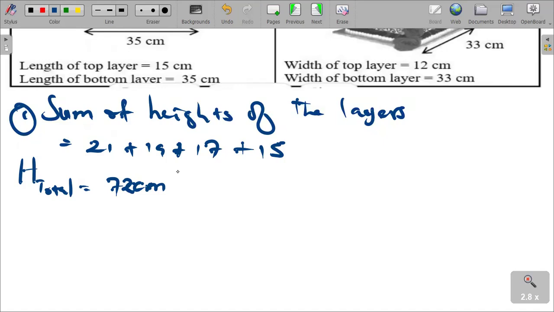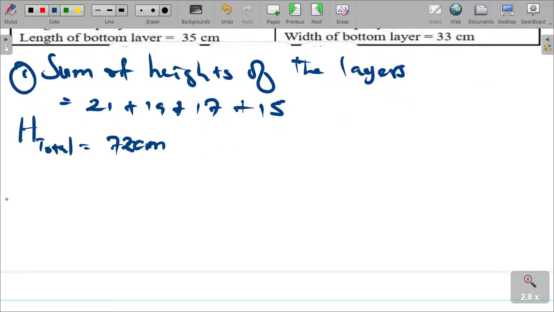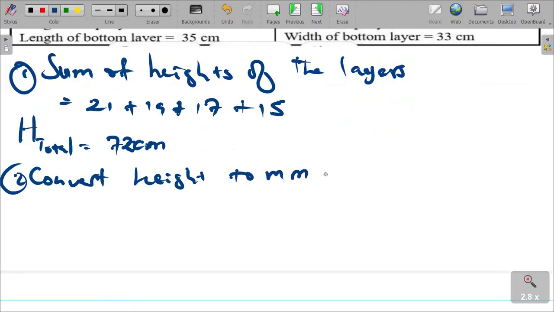So what we need to do is convert the total height to millimeters. In order to convert, we have our 72 that we got here.